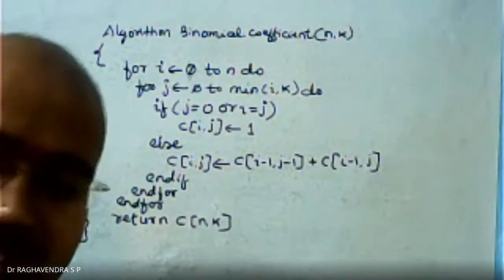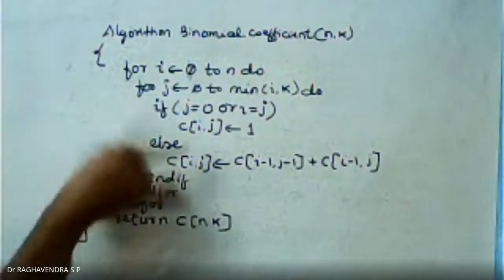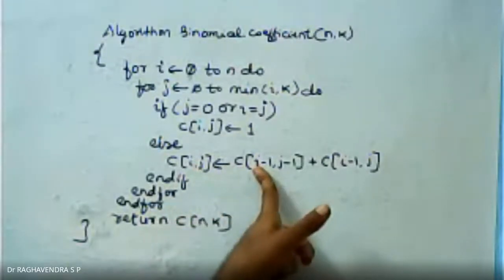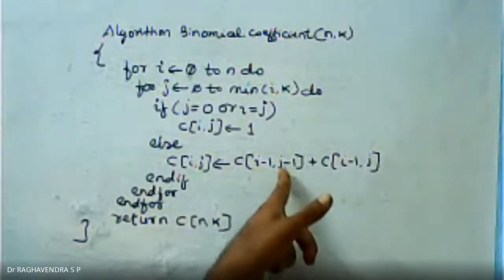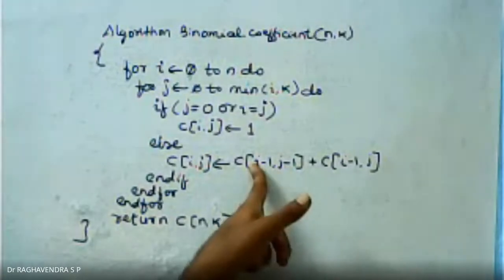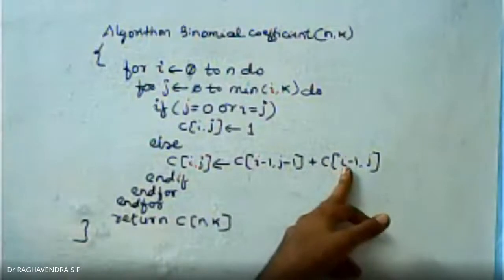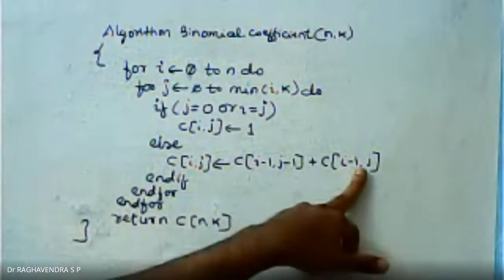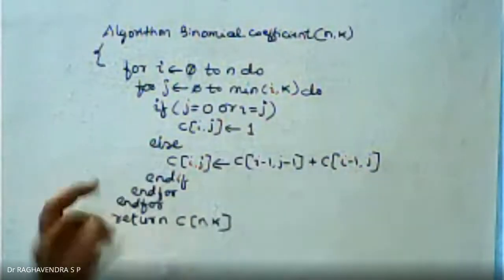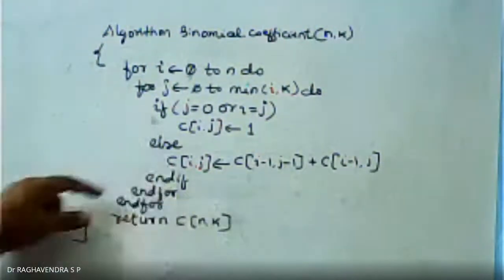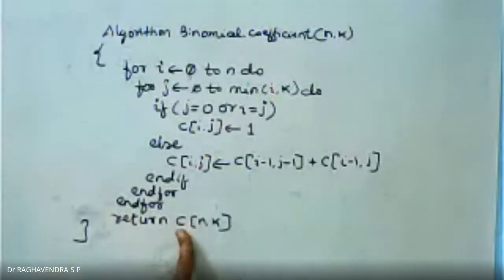Otherwise c of i comma j equals c of i minus 1 comma j minus 1 plus c of i minus 1 comma j, since we have used the variable i. So end if, two end for, and return the output c of n comma k and close the bracket. So this is how the algorithm works.